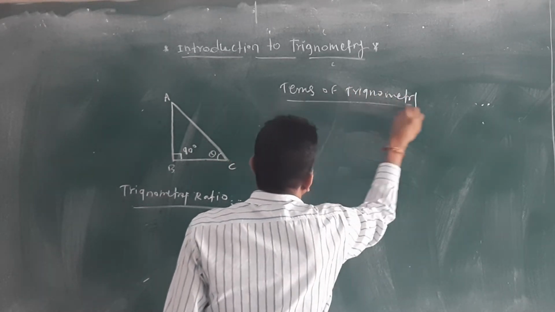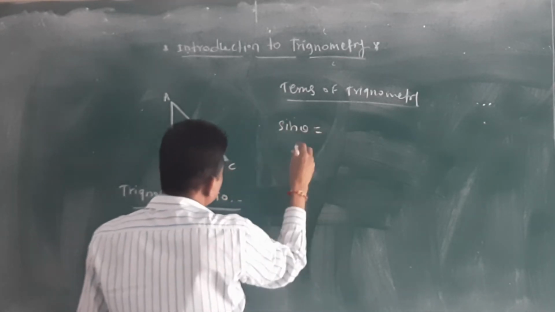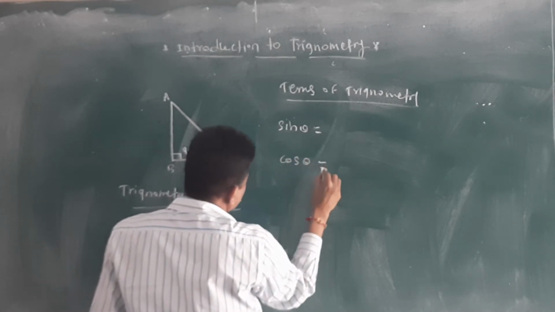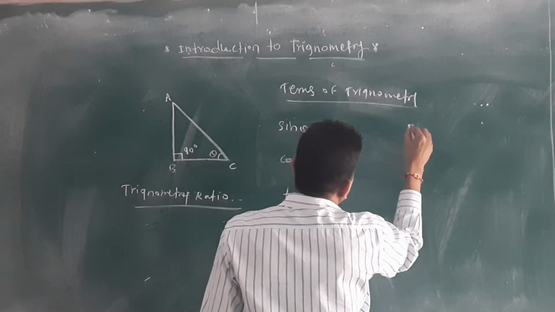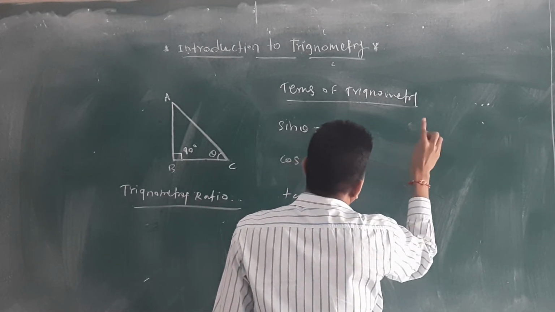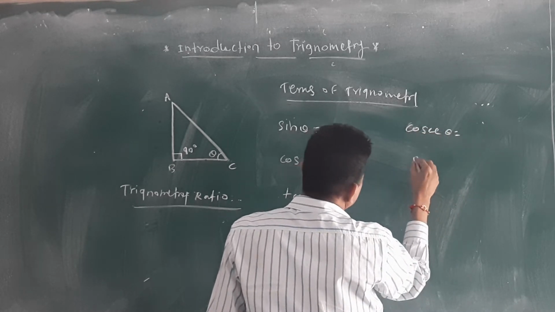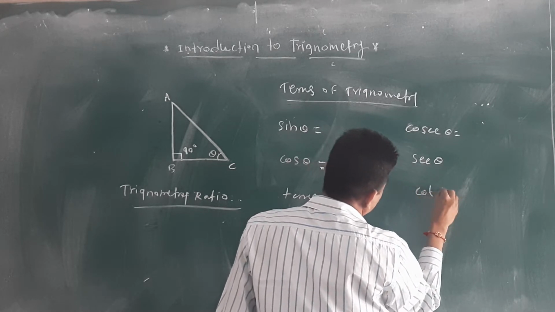First, I will write sin theta, then cos theta, then tan theta, then cosec theta, and next sec theta, and last cot theta.